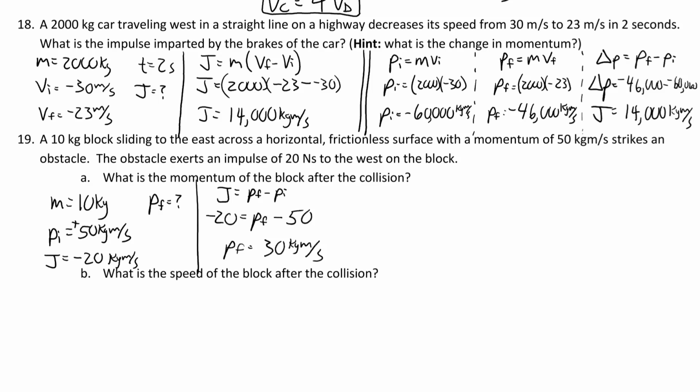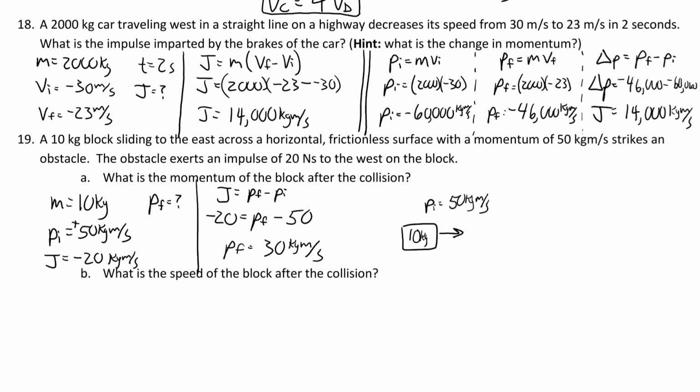Now, that's all well and good, but let's kind of figure out what really is going on. You got this impulse acting to the west. What's going on here? So let's start from the beginning. It says a 10 kilogram block is sliding east with an initial momentum of 50 kilogram meters per second.